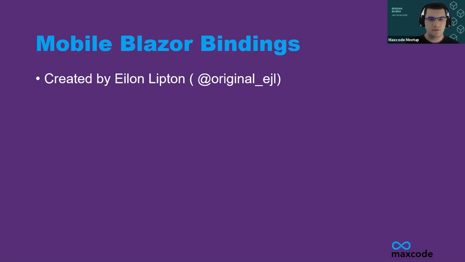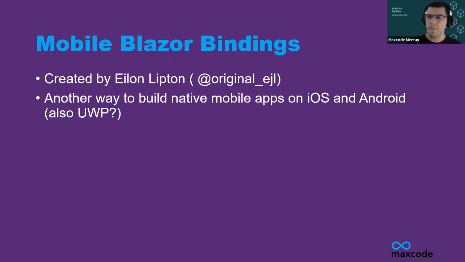Okay, so you can follow Eilon on Twitter. He's sharing most of the details there about the project. And I want you to understand that this is not something that will replace Xamarin Forms, for example. Okay, this is just another way to build native mobile apps on iOS and Android.